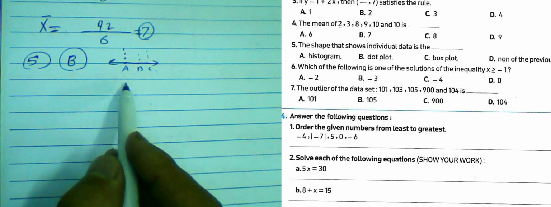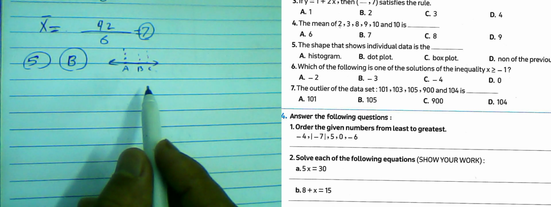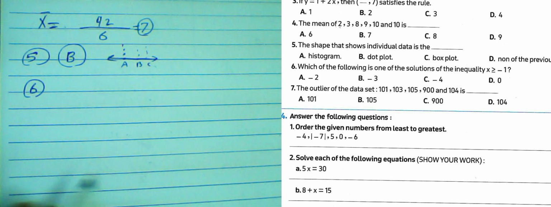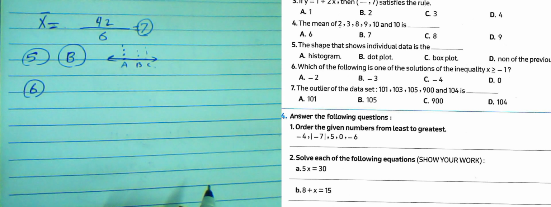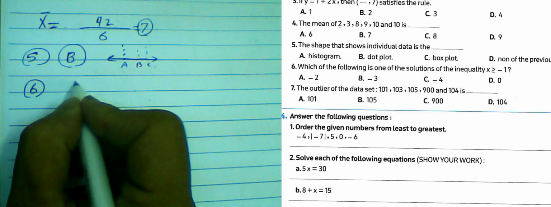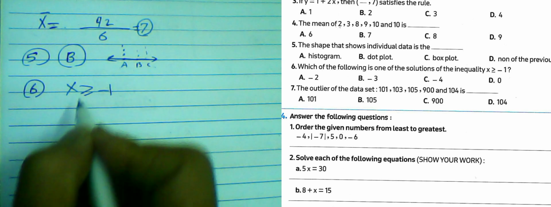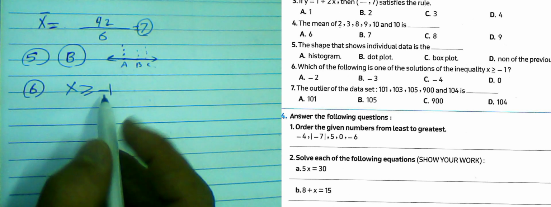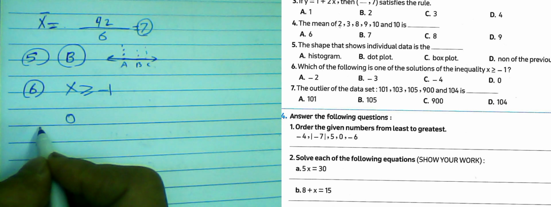So this shape shows the individual data. We must choose letter B. Question number 6. Which of the following is one of the solutions of x greater than or equal to negative 1? We have 0. 0 is greater than negative 1. Choose letter D.